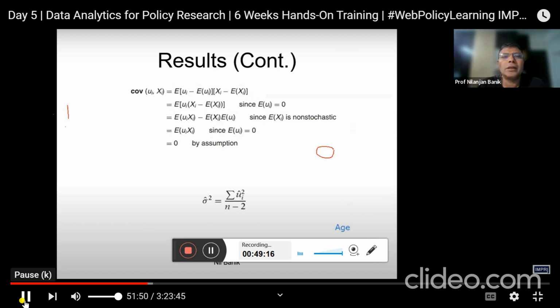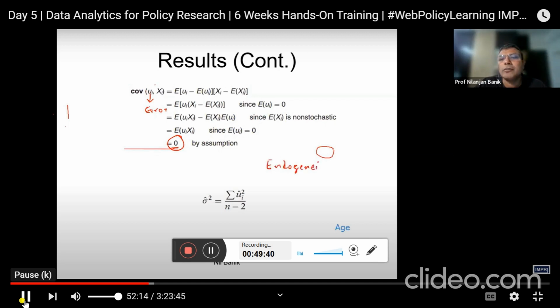The other thing is what I said, that X and U, where U is again the error term, are not correlated. So therefore you see that this number is 0 by assumption. What if they are correlated? If they are correlated, then we have what we call the problem of endogeneity.